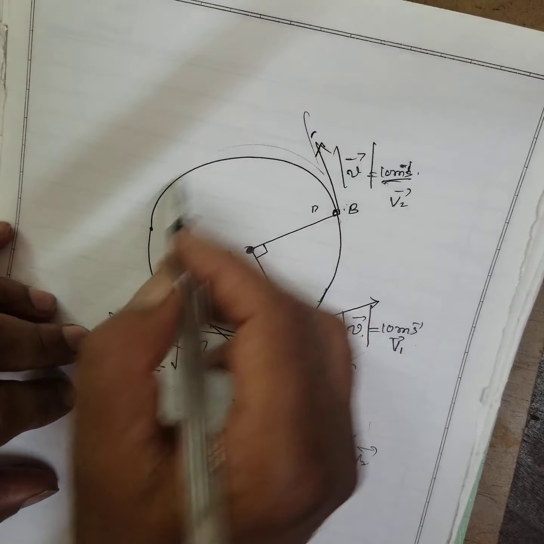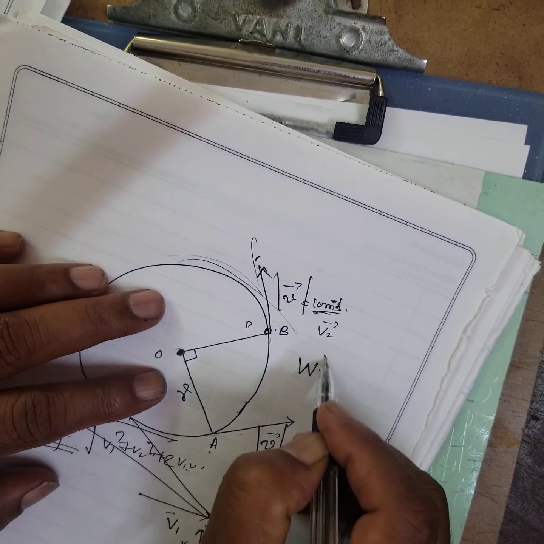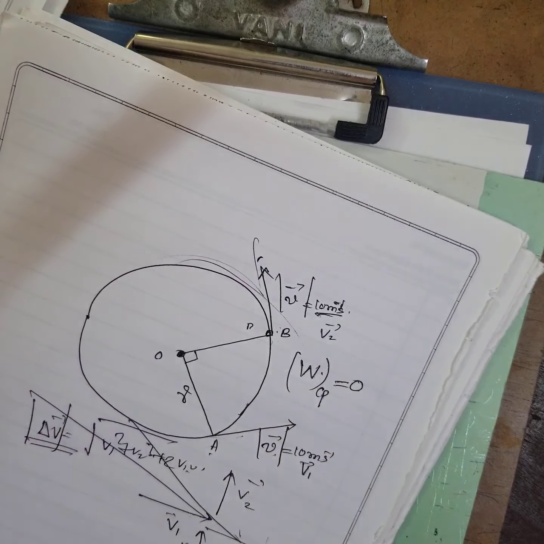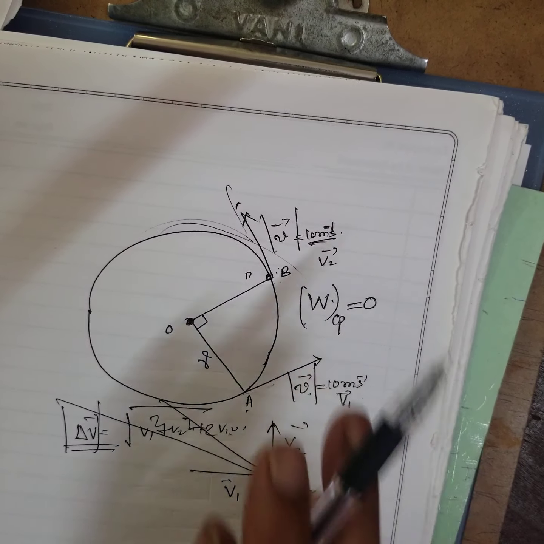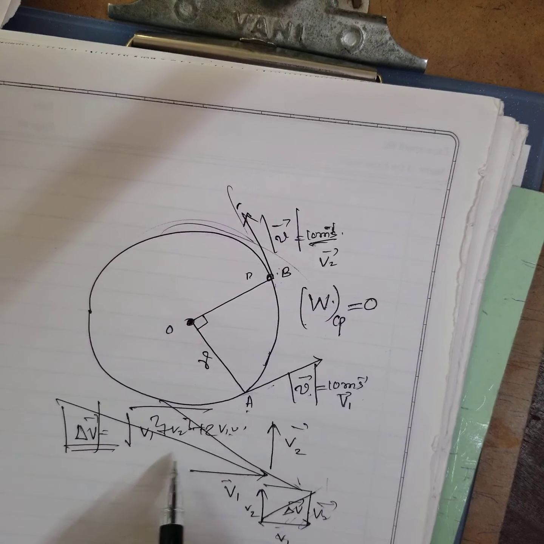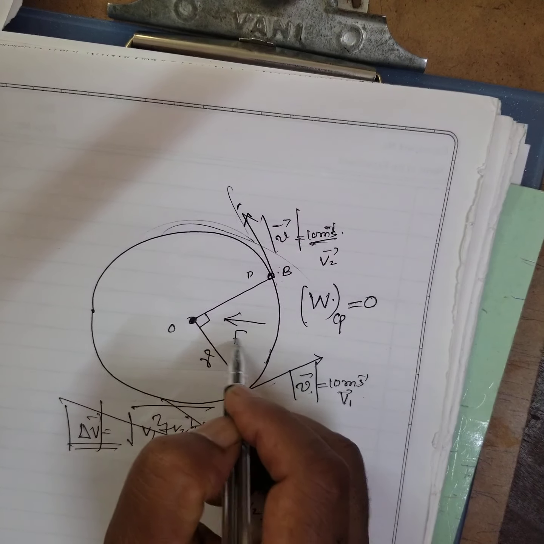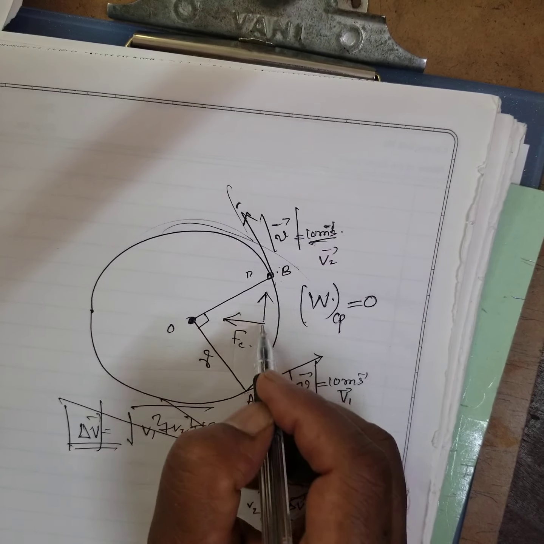Now, when a body is moving in a circular orbit, work done by centripetal force is always zero. Remember. In which direction is the centripetal force acting? This direction. And what is the displacement? Like this.